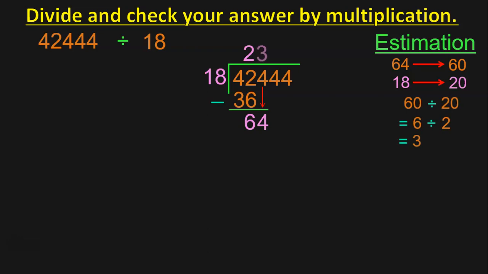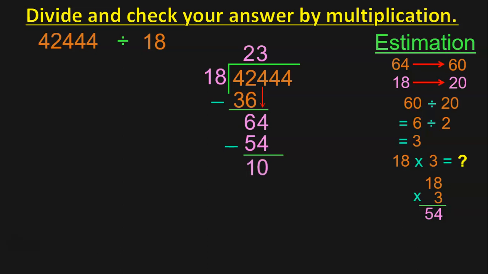So let's take the quotient to be 3 and see if it is correct. 18 into 3. 3 8s are 24, 4 carry over 2, 3 1s are 3, 3 plus 2, 5. Okay, so 54 is lesser than 64. So we can take this 18 into 3 is equal to 54. What is the remainder? Remainder is 10.